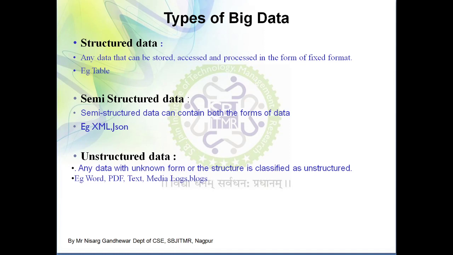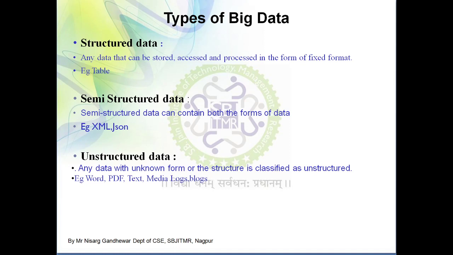The data can be in the form of a comment, a blog, an audio file, a video file, a notepad file, a word file, and so on. That means a specific structure is not fixed. In structured data, a specific structure is fixed, but in unstructured data there is no specific structure given.